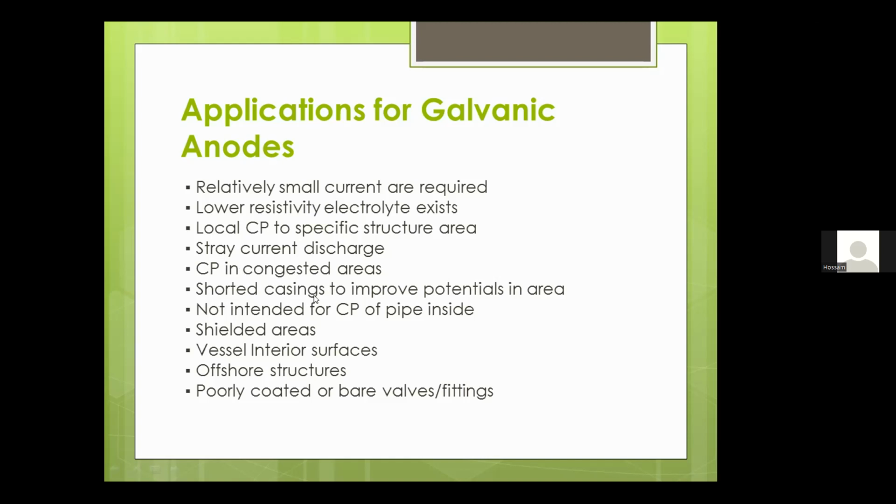When we have shorted casing, we can use galvanic anodes to improve the potentials in this area.